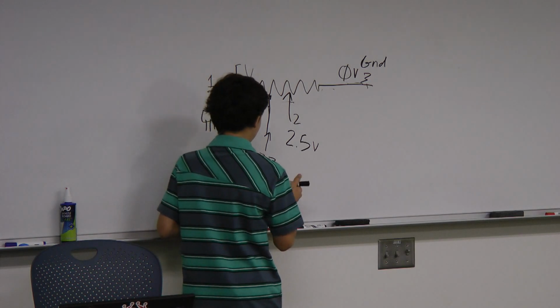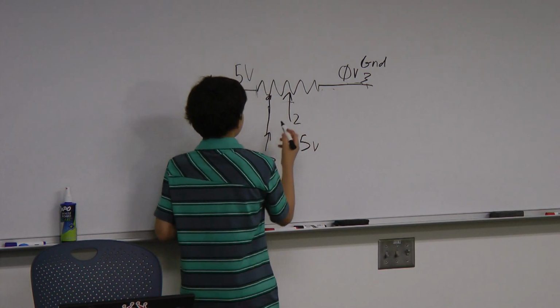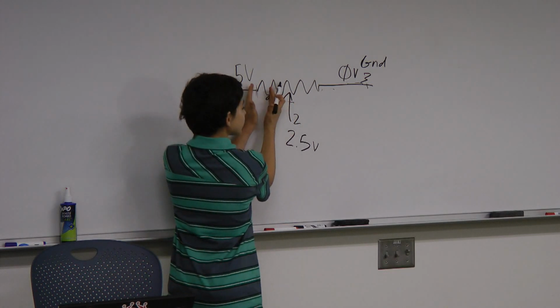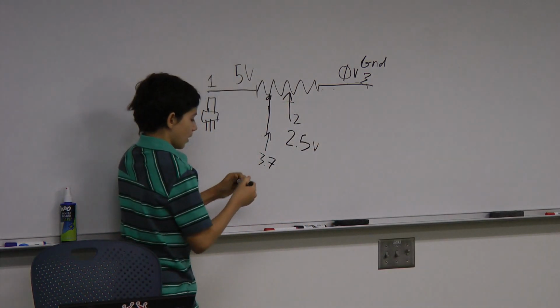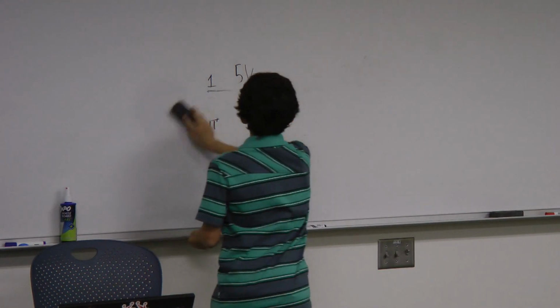And yeah, that's right, about 3.7. Because it's forming, it has less resistance here and more resistance here. So that's how a potentiometer works, and now we'll hook it up.